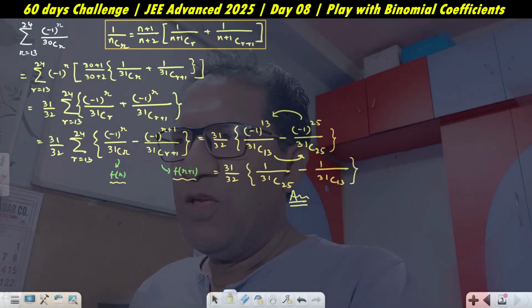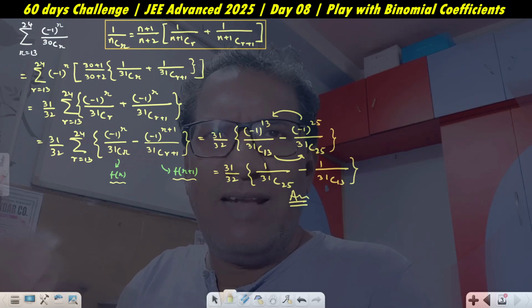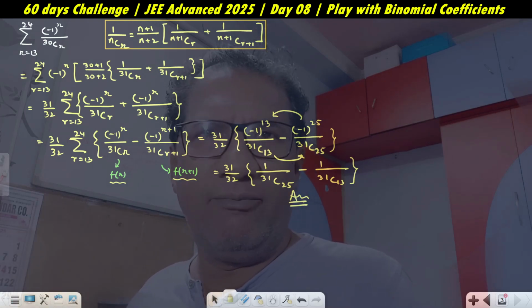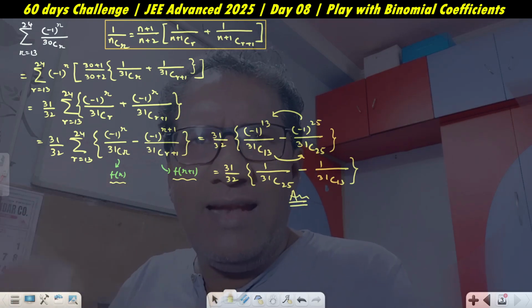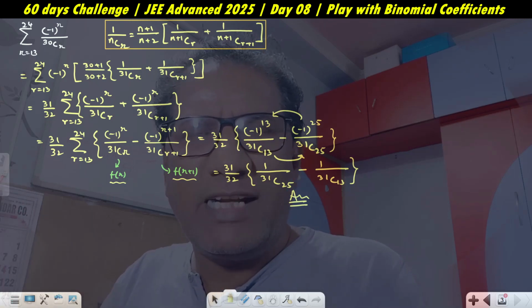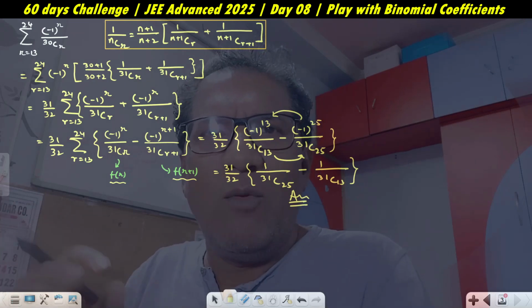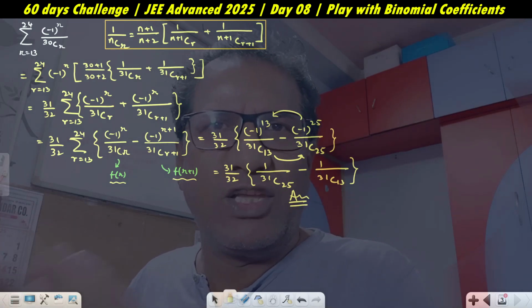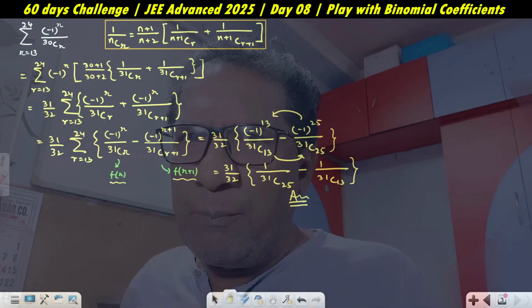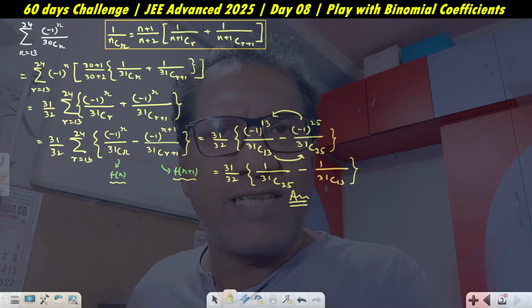Is it clear? So you see, in the last two sums that we have done, we have mainly used the telescopic method to find out the sum. There is less binomial theorem conception used here. In the previous sum, I have used Pascal's identity.